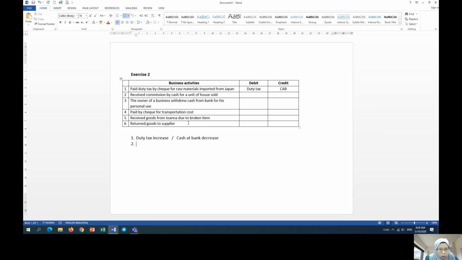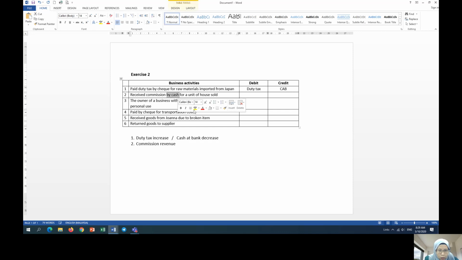The first account is commission revenue. Commission revenue is your revenues. Pendapatan. Awak menerima pendapatan daripada aktiviti menjual rumah, so awak terima commission. So ia adalah pendapatan. And then the revenue was received by cash.